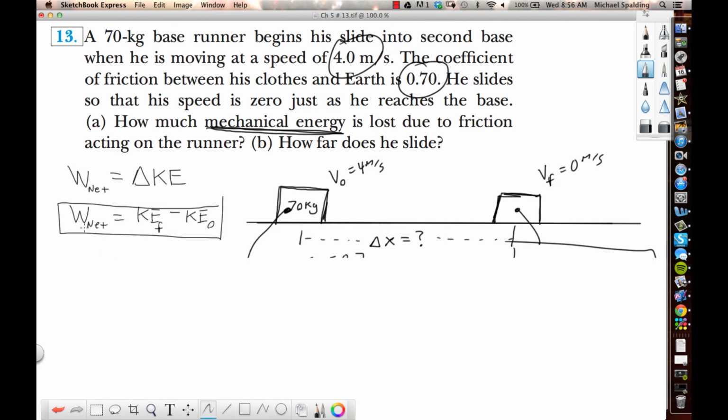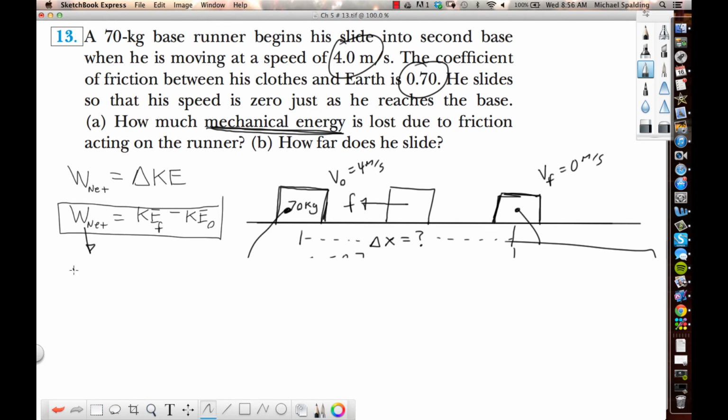Now, in this problem, what is the only force doing work as the guy slides to rest? There's only one force that does work, and what is that force? Friction. So what is the net work? If there's only one force doing work, then the net work is the work done by that force.